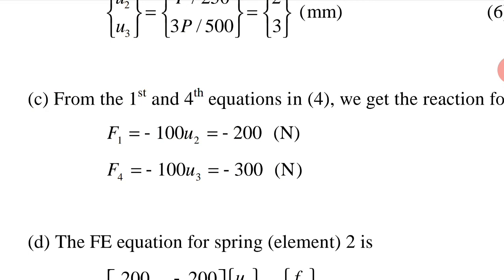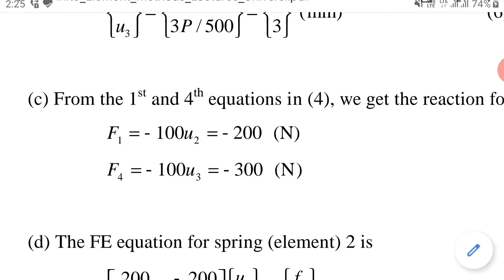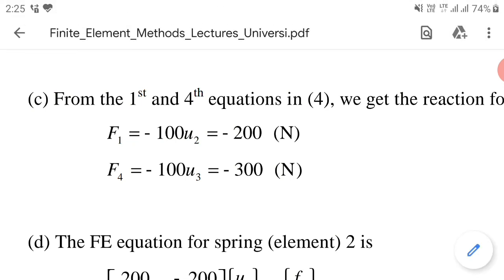It is equal to minus 100 u2, and since u2 is equal to 2, it is 2 into minus 100, which is minus 200. This is acting in the leftward direction because the sign is negative.